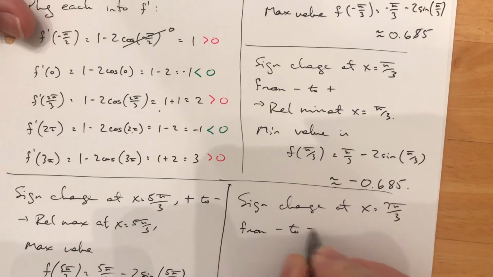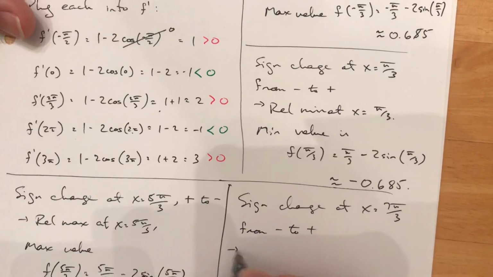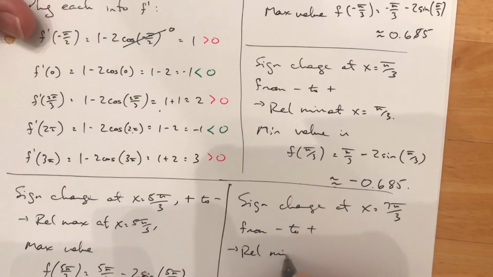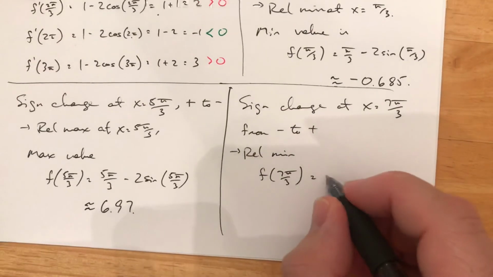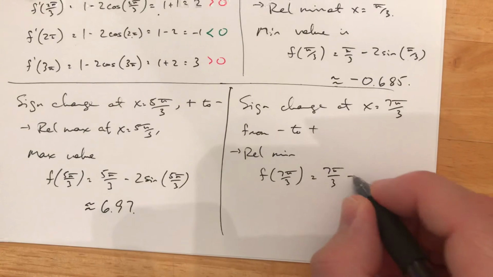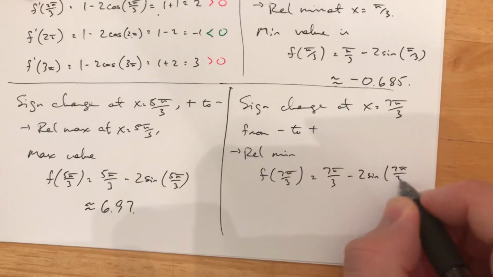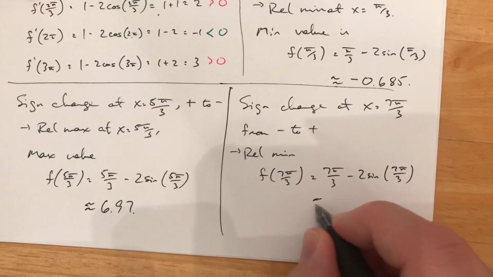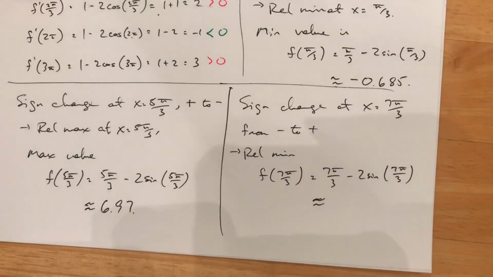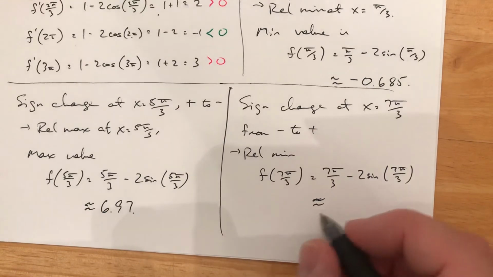And so there is a relative minimum. f of 7 pi over 3 is 7 pi over 3 minus 2 sine of 7 pi over 3, which is approximately 5.5, about 5.6.